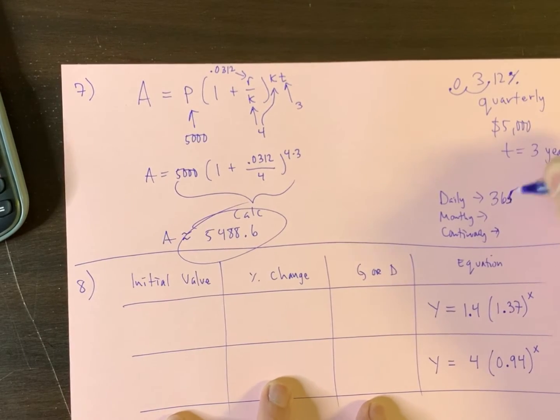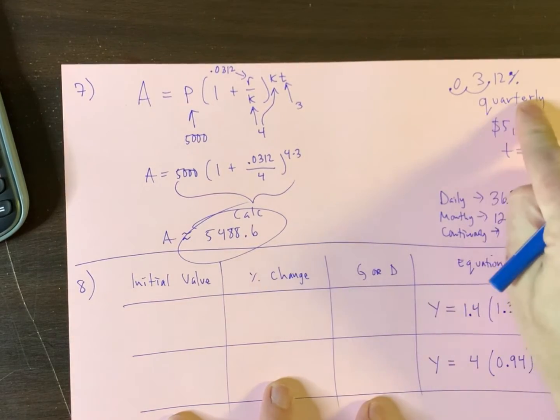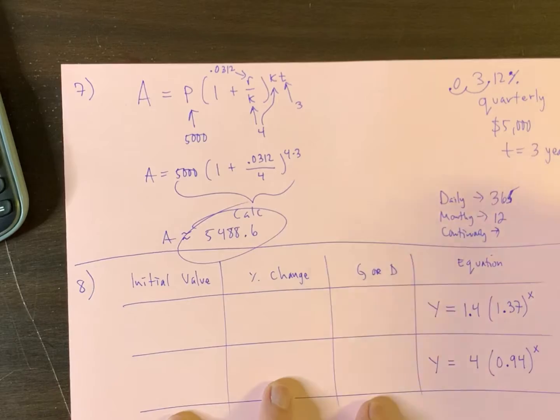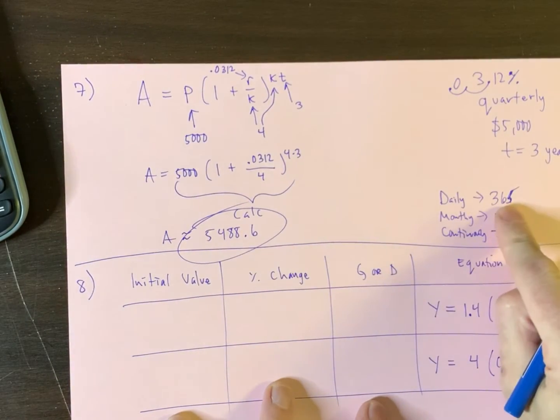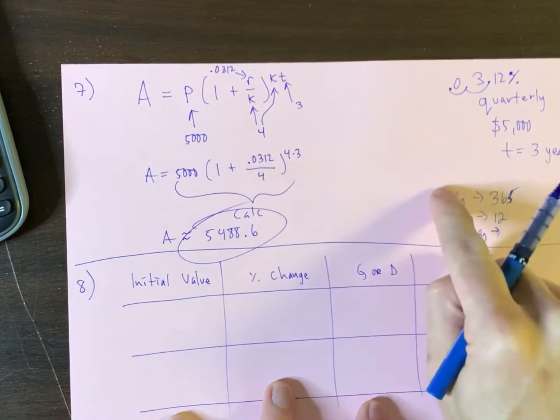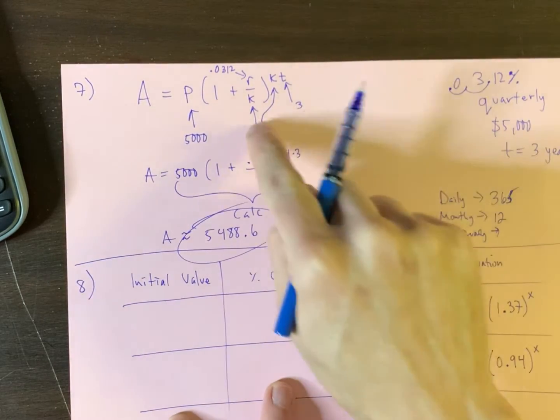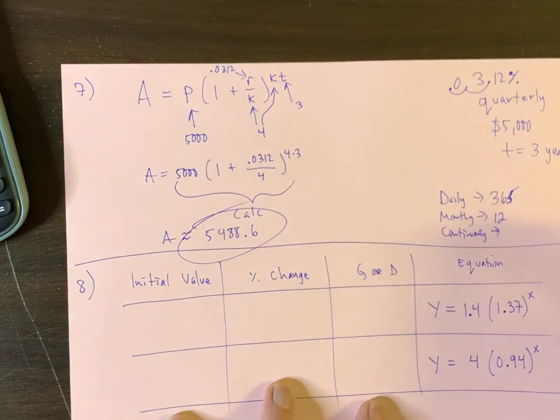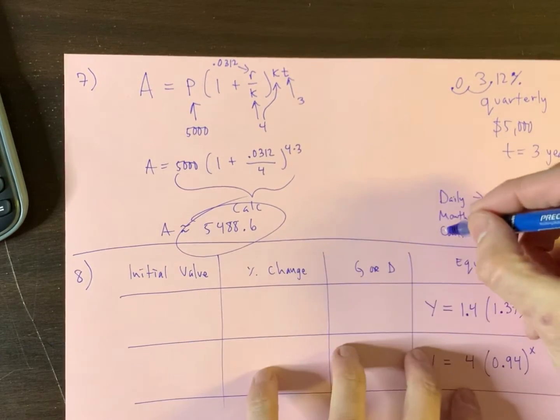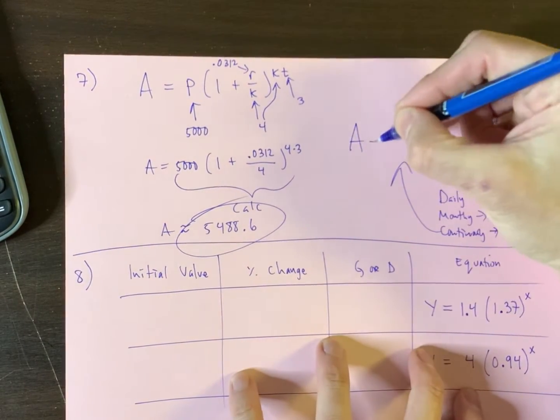If something happens monthly, how many times does it happen per year? 12. If something happens quarterly, how many times does it happen per year? 4, which is why we did 4. So when you get to these two problems, use 365 for K for daily, use 12 for K when it's monthly. However, when it says continuously, you use a different equation.